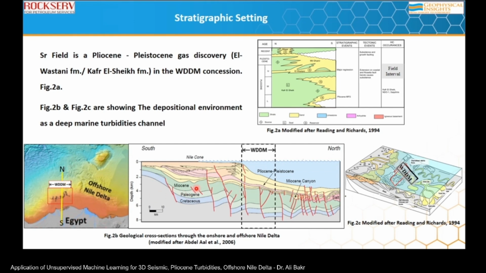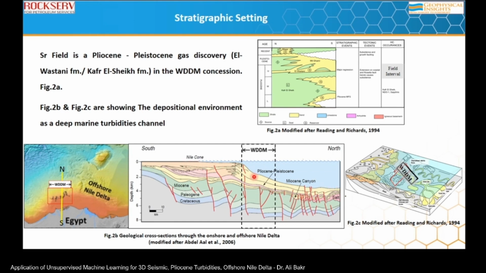It's a geoseismic line coming from the Nile cone and going to the deeper areas in the north direction, where the West Delta Deep ranges from 500 up to 1,000 meter depths, while to the north it's going deeper and deeper.